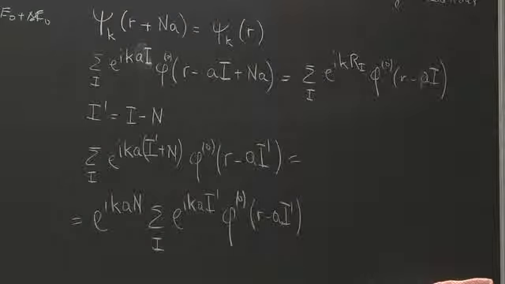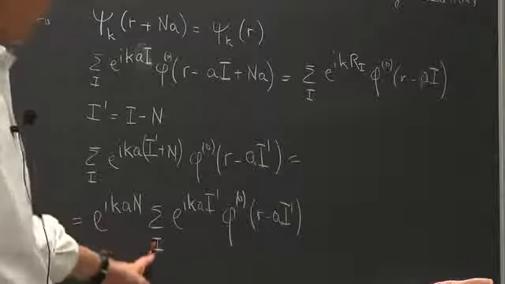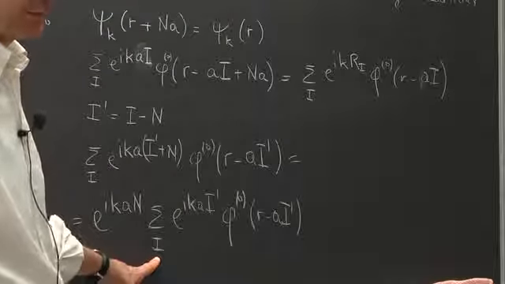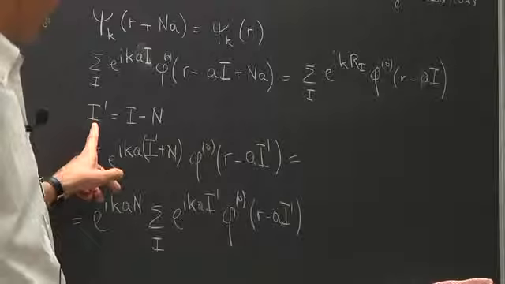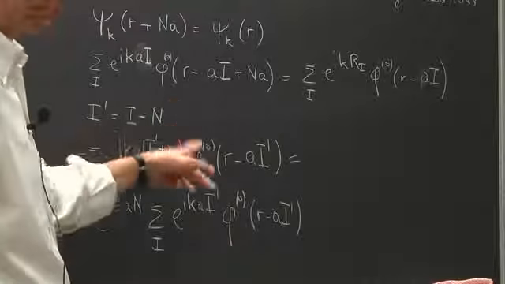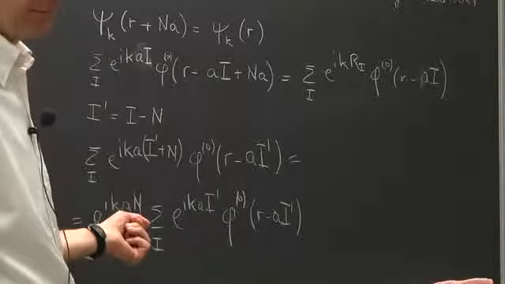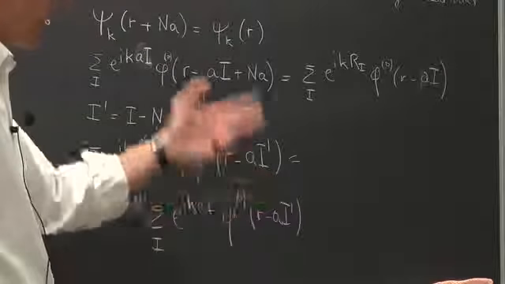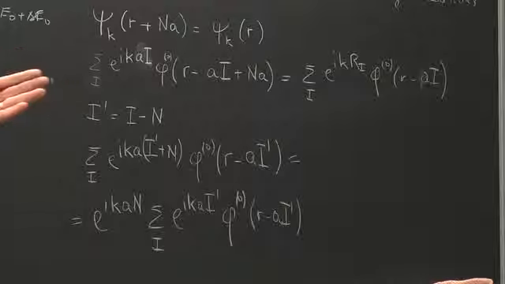Whether I sum over i, which goes from minus infinity to plus infinity, or I sum over i', which also goes from minus infinity to plus infinity, it's the same. I'm just changing the index over which I'm summing.